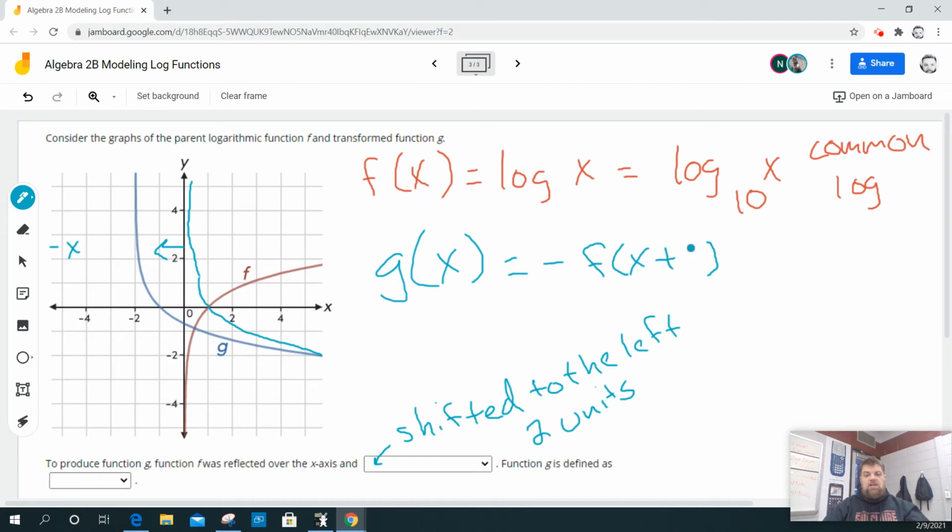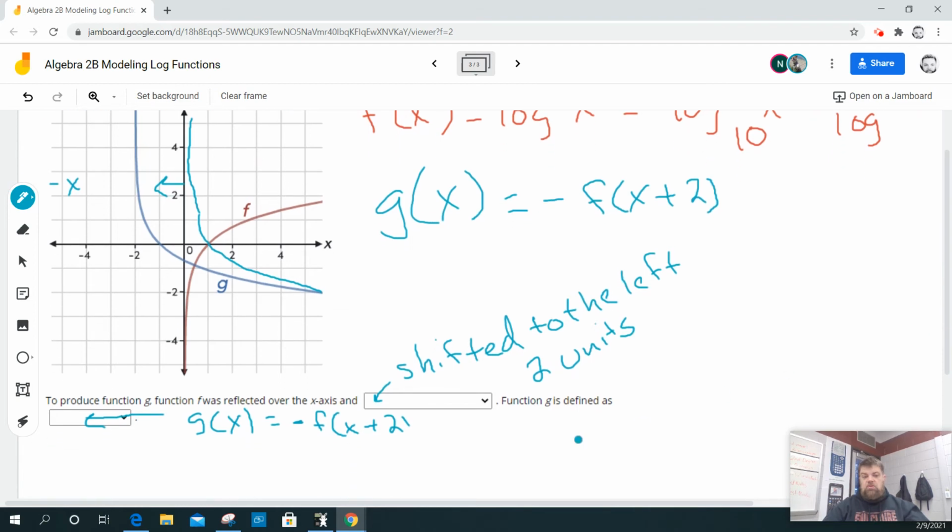So it becomes +2. So right here, it's going to be g of x is equal to negative f of x plus 2. And if I wanted to shift that up or down, I could add or subtract a number down here. But that's basically it on that one.